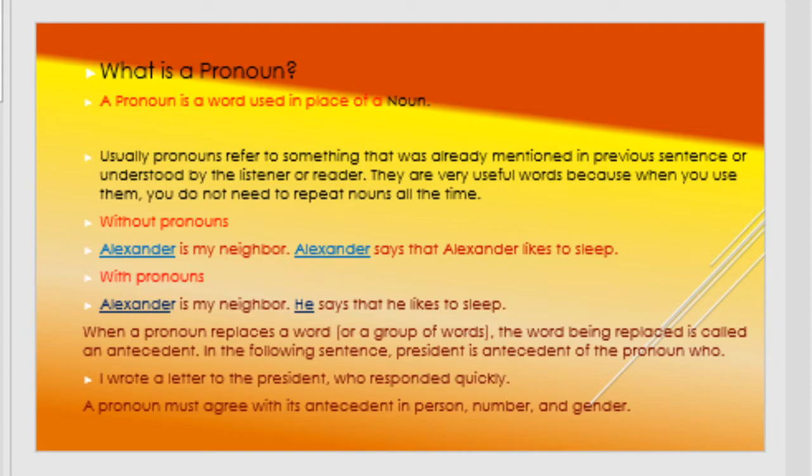Remember, who is for people, for a person. So who refers to the president. Because if we don't use a pronoun, we would say, I wrote a letter to the president. The president responded quickly. So we repeat the noun phrase, the president. Understood?